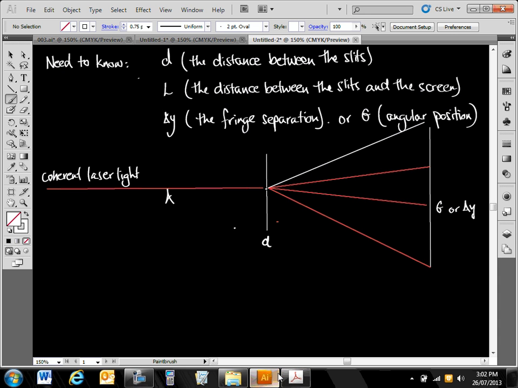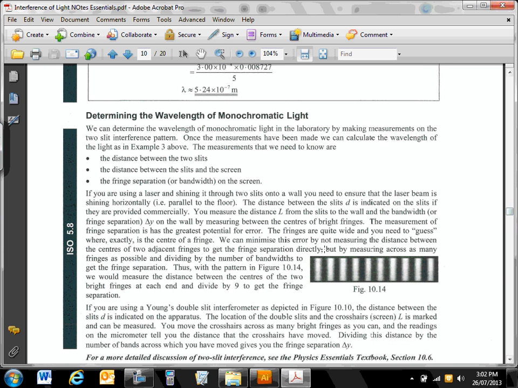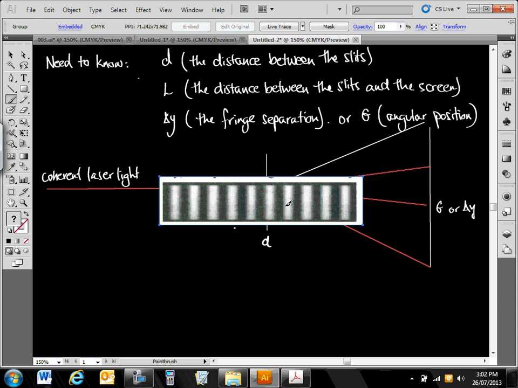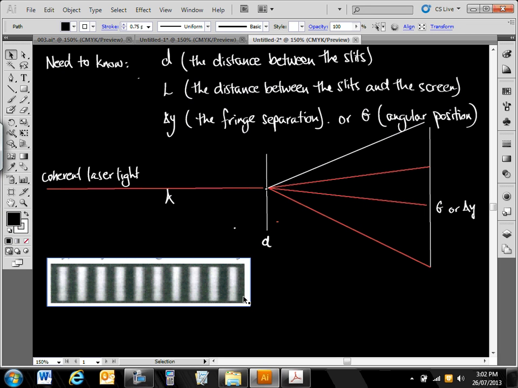One more thing. If this is what I see, what's the best way, please people, to measure the fringe separation, do you think?